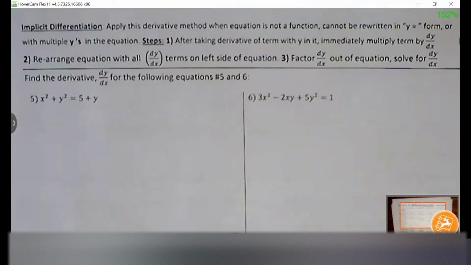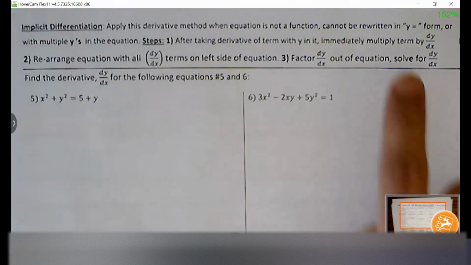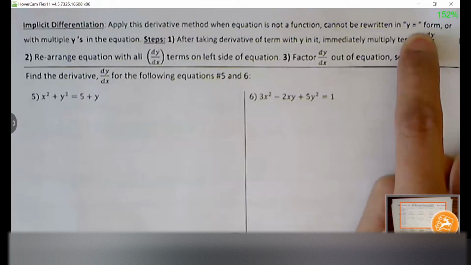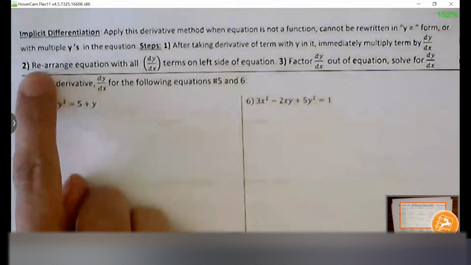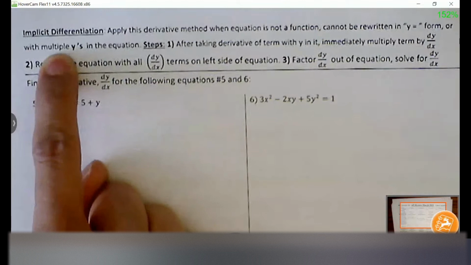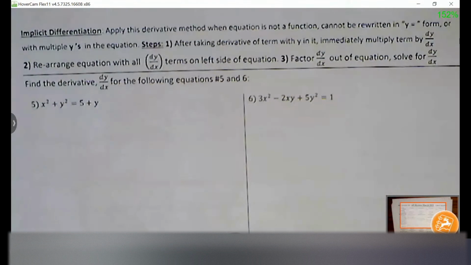Now we're moving away from functions into equations that look a little messier because of the fact that the y's are not going to be separated easily from the rest of the x's, which means that it's not going to pass a vertical line test. It may be a strange looking curve, but we can still find a slope formula for that curve. We just have to keep track of these y's that are not easily separated by itself.